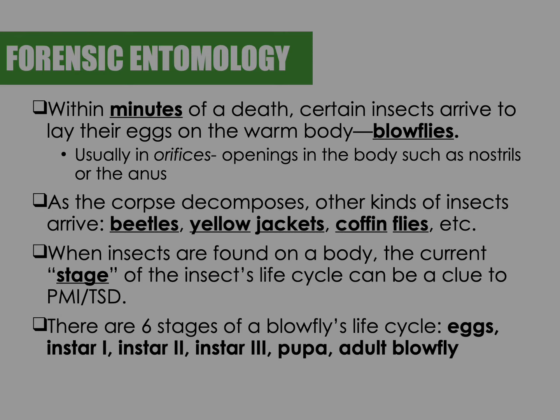There are 6 stages of life in a blowfly's life cycle: eggs, instar 1, instar 2, instar 3, pupa, and the adult blowfly. And these are what we are going to be looking at primarily to help determine length of time in that postmortem interval or time since death.